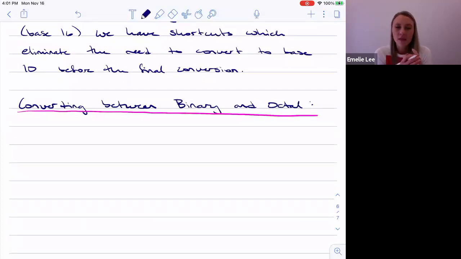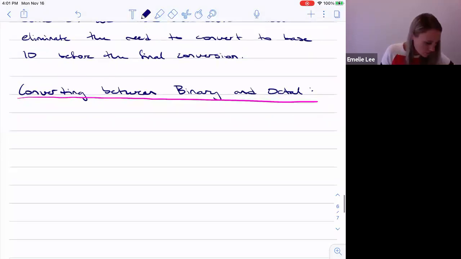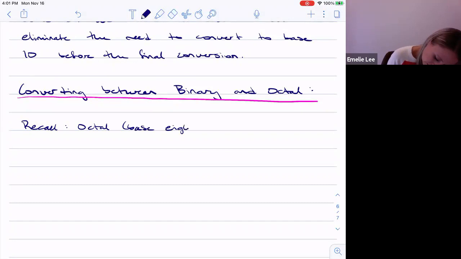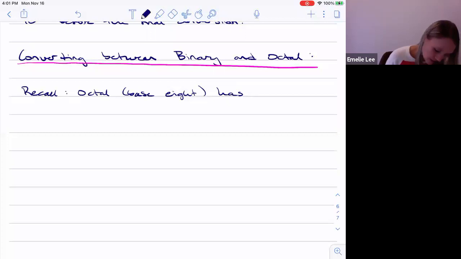So the first thing that we need to remember is that if we're working in base 8, which is octal, then we have 8 symbols, right? So recall, octal, which is base 8, has 8 symbols.